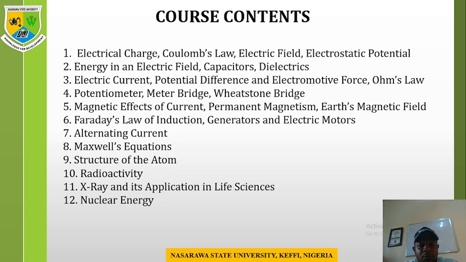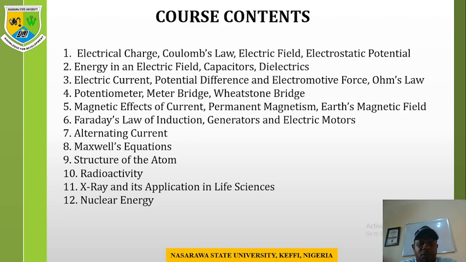That forms the first topic. 2, we have energy in an electric field, capacitors, dielectrics. 3, we have electric current, potential difference, electromotive force, Ohm's law. 4, we have potentiometer, meter bridge, Wheatstone bridge. 5, we have magnetic effects of current, permanent magnetism, Earth's magnetic field. 6, we have Faraday's law of induction, generators and electric motors. 7, we have alternating current. 8, we have Maxwell's equations.